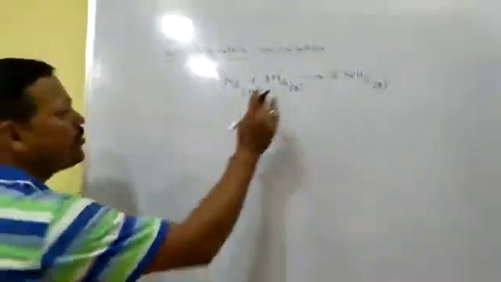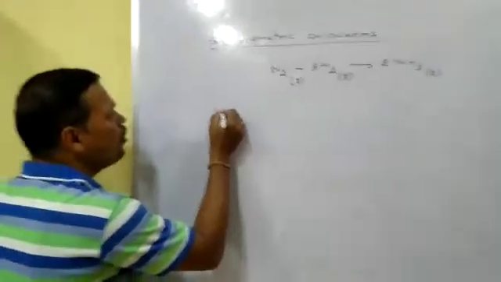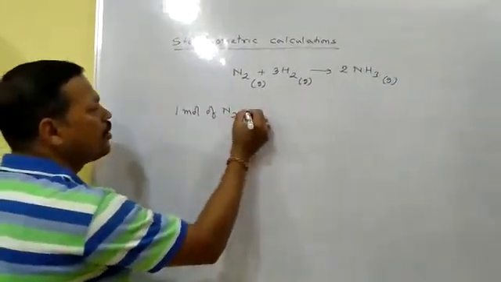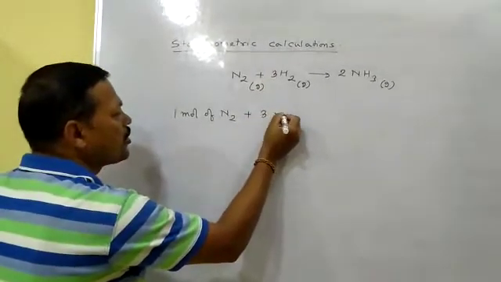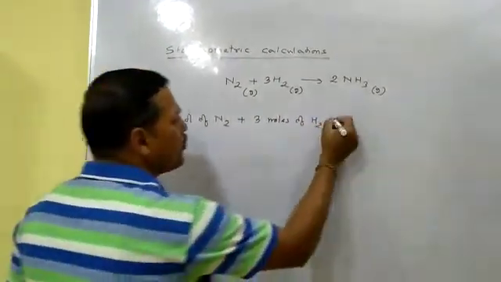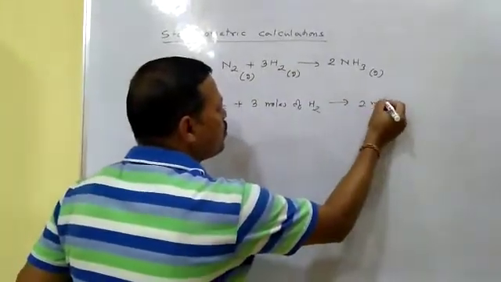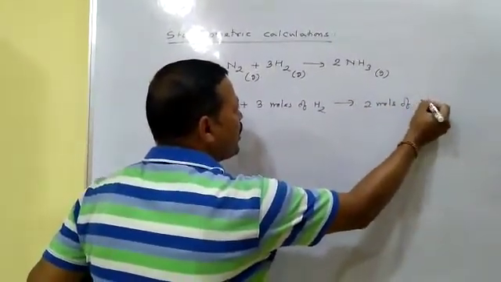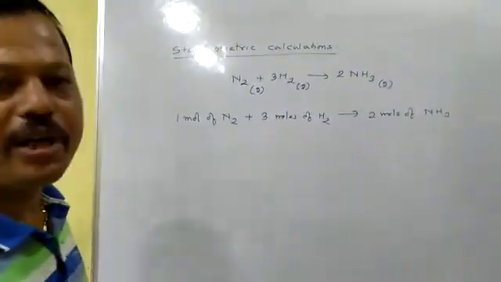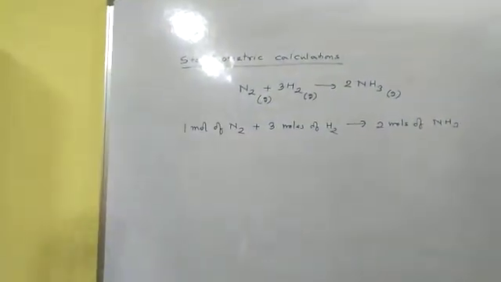So the first information: 1 mole of nitrogen reacts with 3 moles of hydrogen, it produces 2 moles of NH3. This is the first information. So you will get the idea about their number of moles.